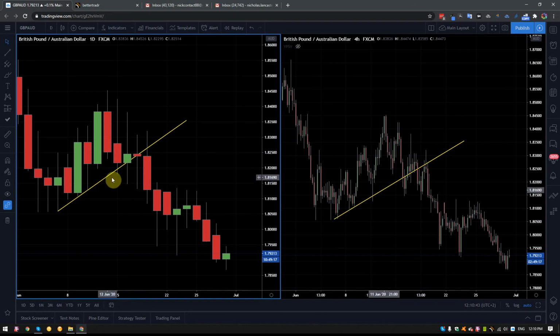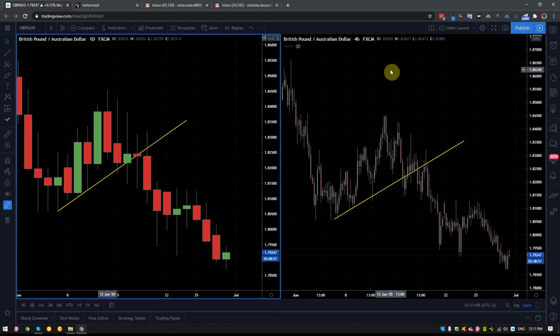So here we have price pulling back, and on the 16th of June, it broke this counter trend line. The technique I like to use is for there to be a break and a retest. So it broke the trend line, and then it pulled aggressively back in.